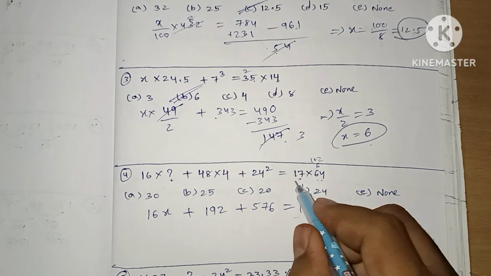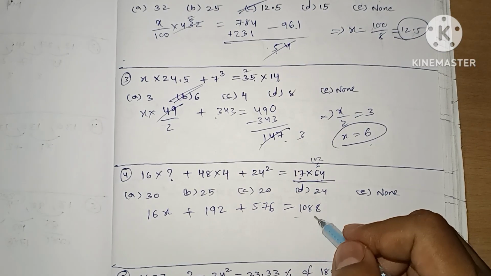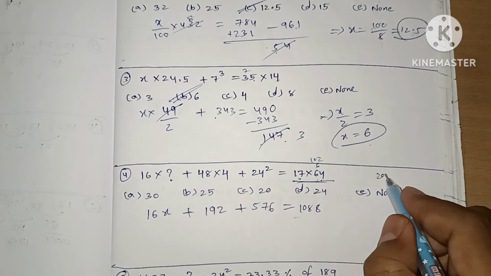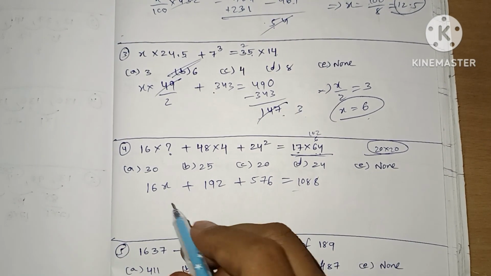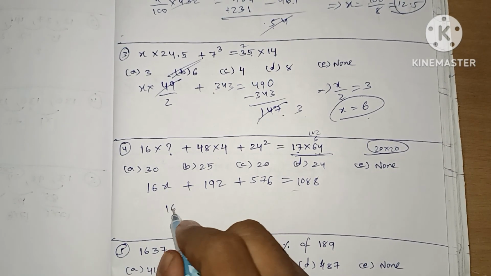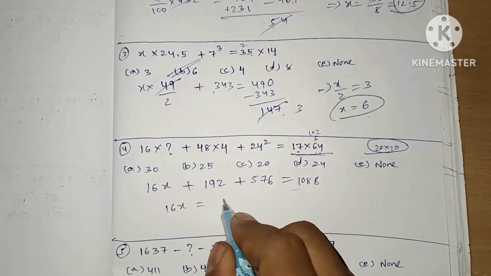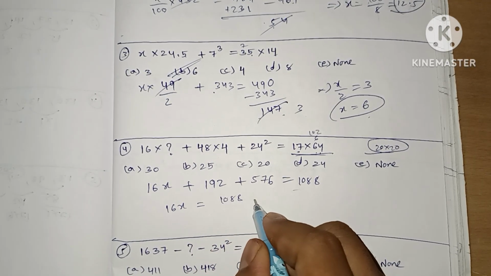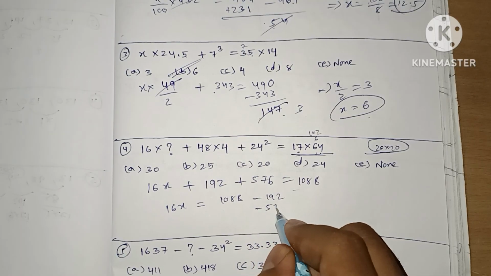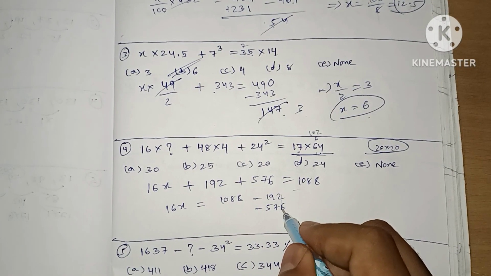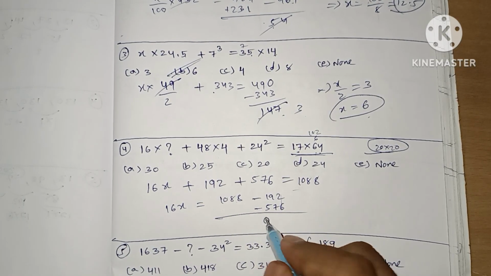So 1088 is the value for this one. This is why we need to know 20 into 20 tables also. So what we have is 16x equals 1088 minus 192 minus 576. 8 minus 8, 0.